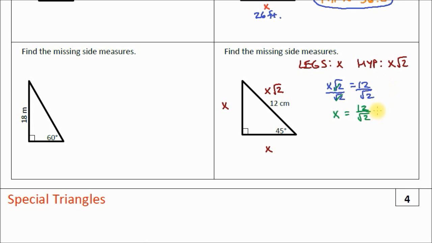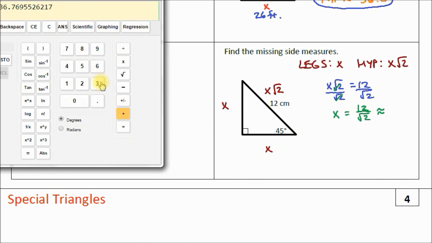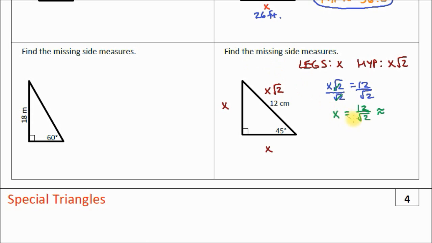And if we put that in our calculator, that is going to be approximately, let's take a look. 12 divided by the square root of 2. And we've got 8.48. We can round that to 8.5. So it's approximately 8.5.